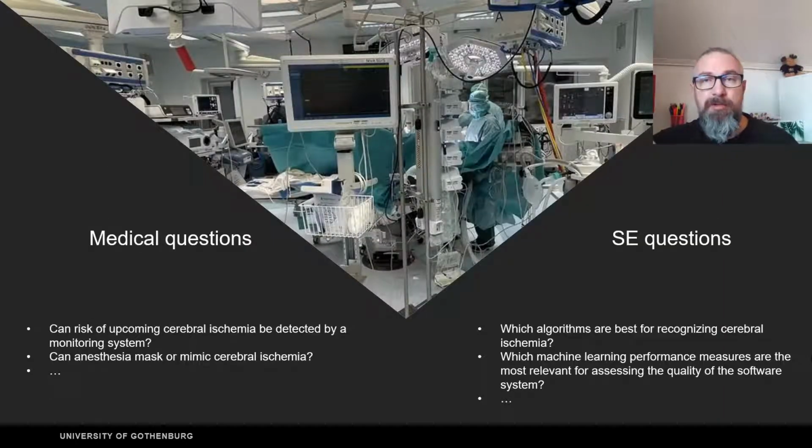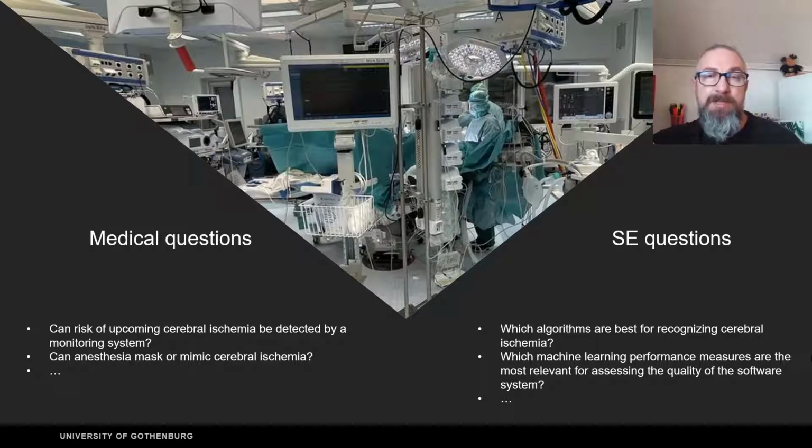When starting our collaboration, we understood that there is a big discrepancy between the two worlds of medicine and software engineering. On the medical side, there are a lot of questions when it comes to research related to how we conduct the medical profession, about the risk, for example, in our case of upcoming cerebral ischemia, and how to treat patients, of course.